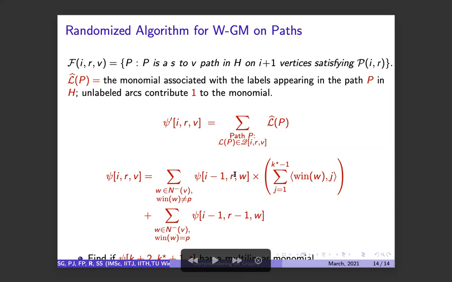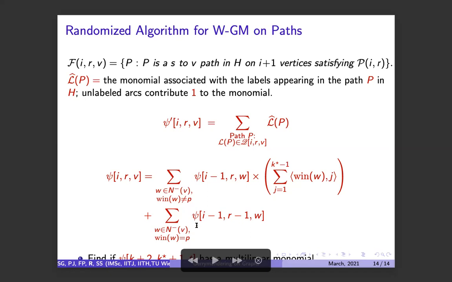I add these labels, and this product gives me all possible ways to take a path from V to W, because V to W has multiple arcs, so there could be one of the labeled arcs that I'm taking to go from V to W. Or, p wins in the district W, then you do not add any label, you just multiply by 1, right?